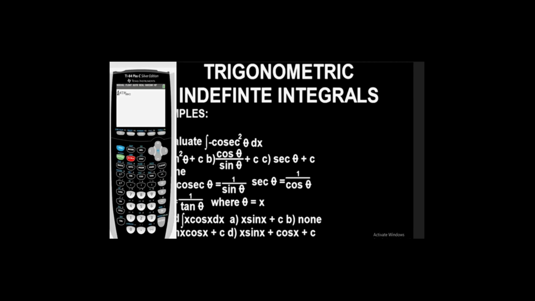Okay, so we have x, sine x. Okay, so you close the bracket before you put your plus. We have plus cos x. Close the bracket, check whether they are balanced.